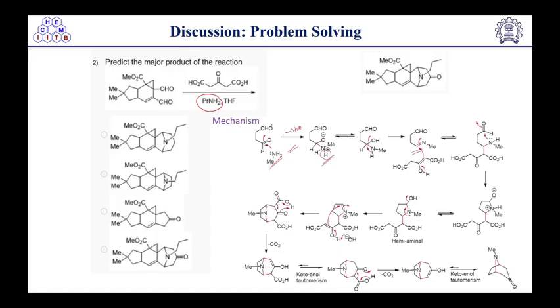So first of all, you have to do attack of amine on the carbonyl center. The mechanism is given here. This will attack on the carbonyl center and it will open up, right? On the aldehyde, sorry. The attack will take place on the aldehyde.